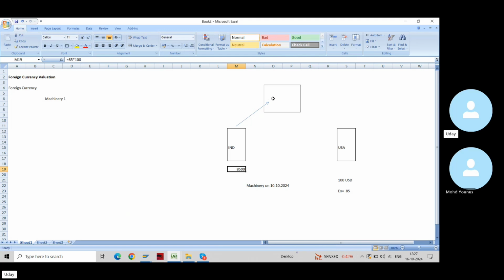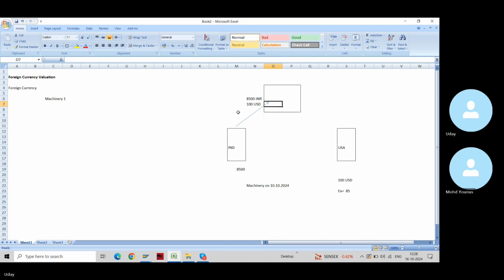I will be giving that to the bank or institution. In return, they will be giving me 100 US dollars. I'm giving 8,500 INR, and they are selling me 100 US dollars. Then I will be making this $100 payment to the USA vendor.